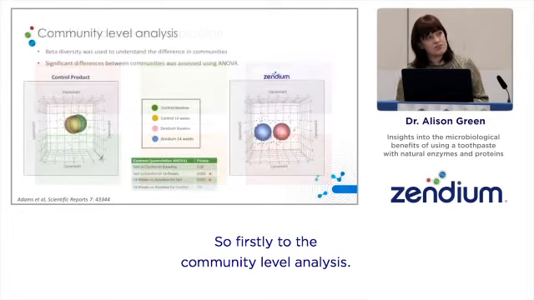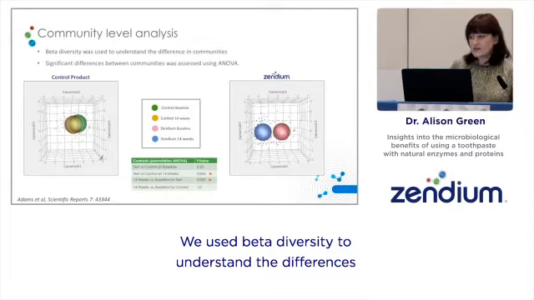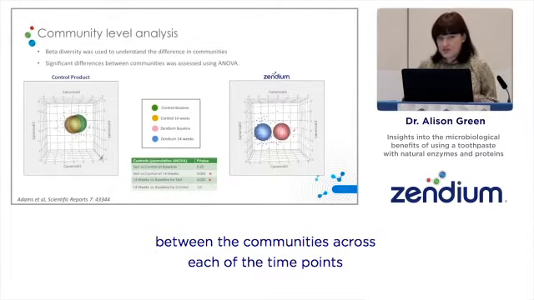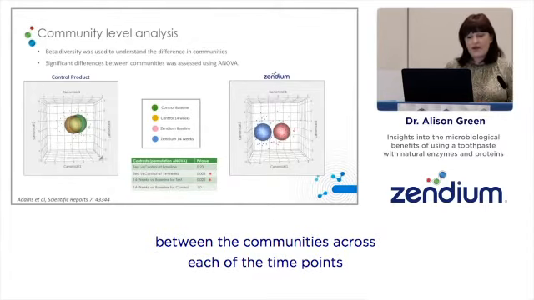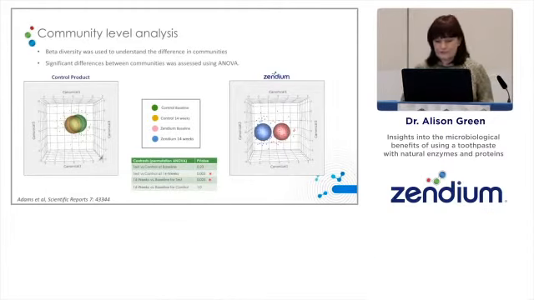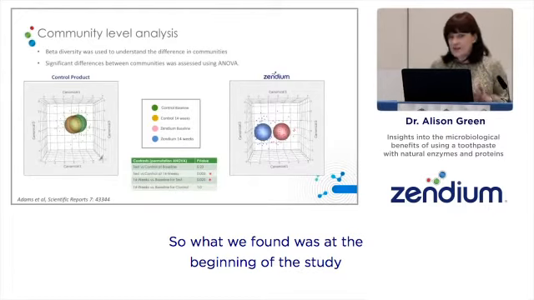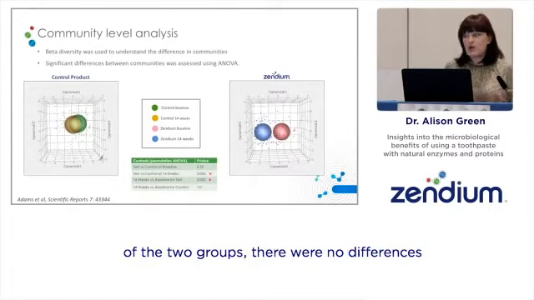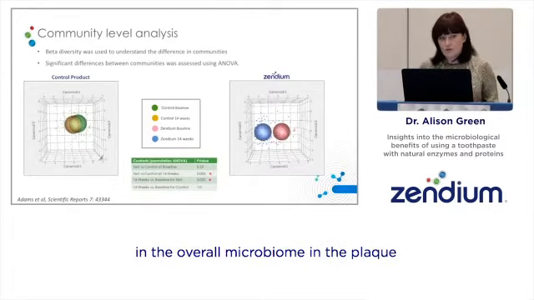So, firstly, to the community level analysis. We used beta diversity to understand the differences between the communities across each of the time points, and significant differences between the communities were assessed by using ANOVA. So what we found was at the beginning of the study, the two groups, there were no differences in their overall microbiome in the plaque.